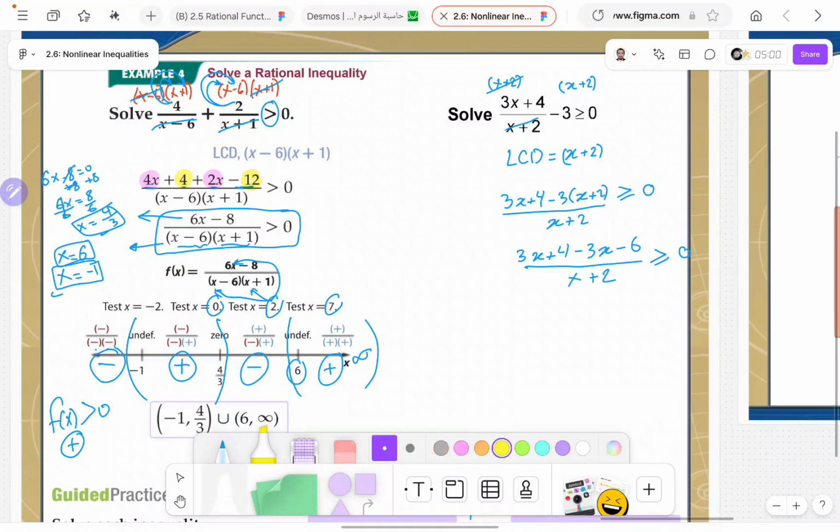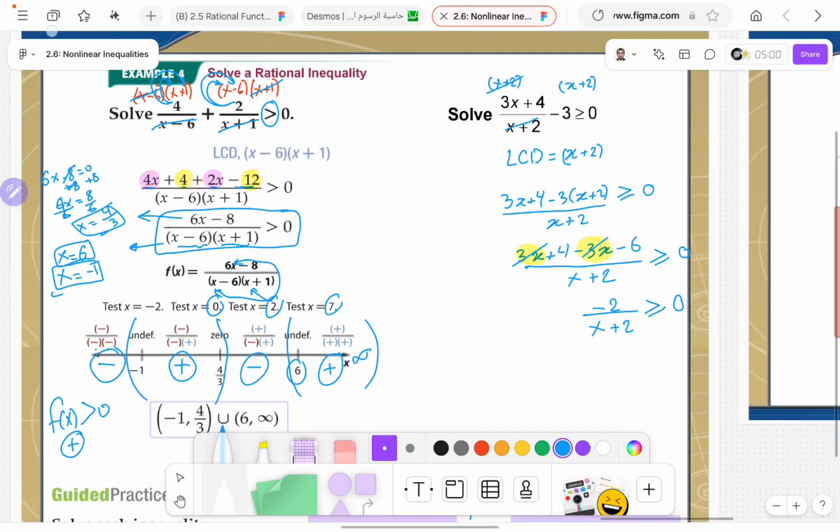Now let's add the like terms. So negative 3x with the 3x cancel each other. Now 4 minus 6 is equal negative 2 over x plus 2 greater than or equal to 0.